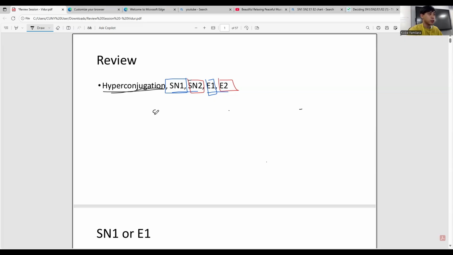An SN1 reaction, SN stands for substitution nucleophilic, and that just means that the leaving group will be substituted by another group. And it's nucleophilic because what's replacing the leaving group is going to be nucleophilic. It's going to love a nucleus, something that's positively charged.